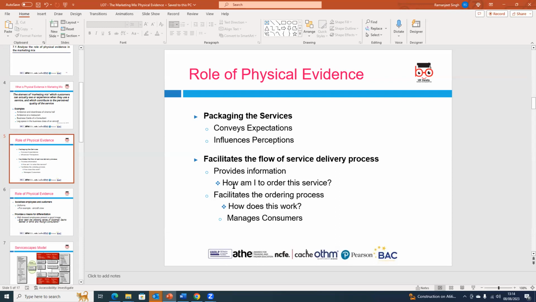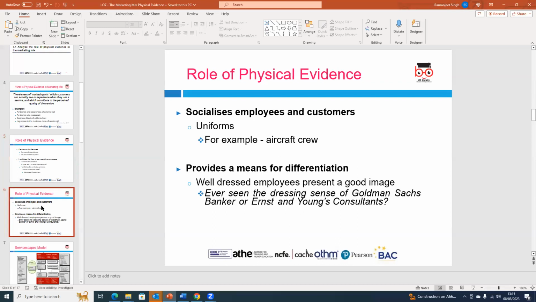So it's a flow of information, a flow of service. If the flow of service is bad, the service is bad, and you will see the organization is not very good. If the flow of information is good, then you will see this is good information, this is a good organization, and I would like to join. So this is the role of physical evidence.